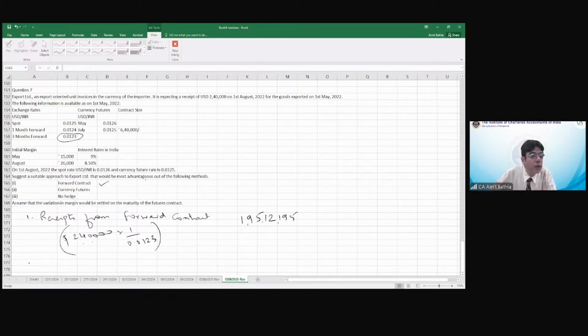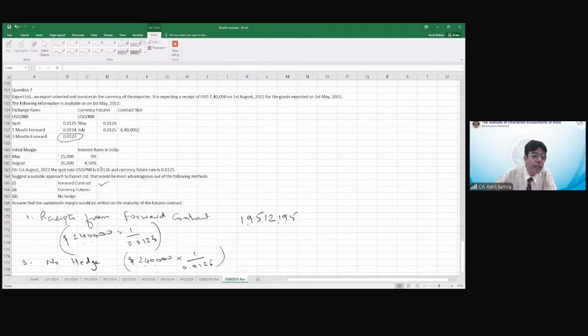Now, rather than going to the second option, I'm going to first solve the third part, which is no hedge. If there is no hedge, that means I will essentially have to cover this 2,40,000 at what rate? Because there is no forward, there is no future over here. This is no hedging, so I am exposed to whatever the spot rate is at that point in time. 0.0126.